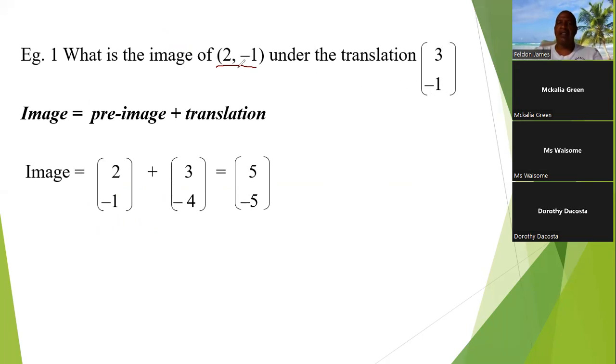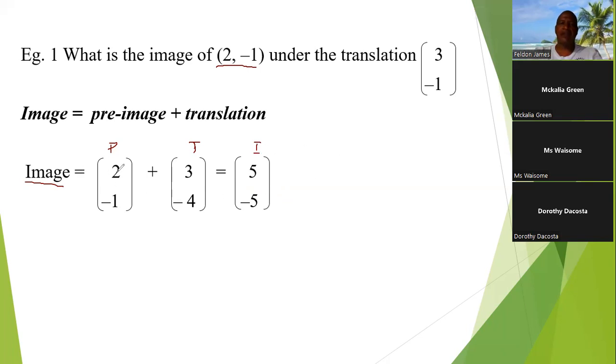Your coordinates would be in the horizontal form, and so you would have to write it in the vertical form. Then you add your translation vector, and the result will give you your image. So your image is equal to your pre-image plus your translation. Then you would get this as the image.